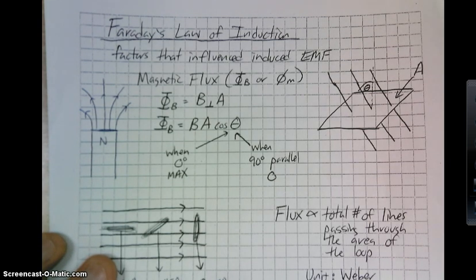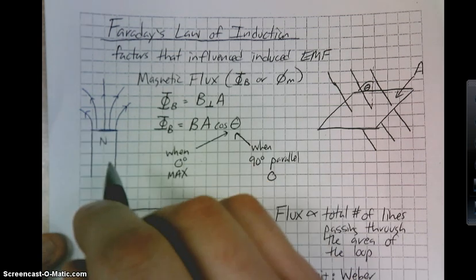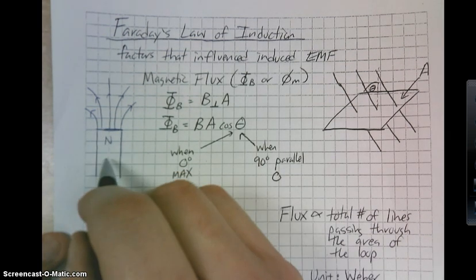It's really hard to define magnetic flux. I've heard in the past that it was called the line density. That's not necessarily exactly accurate, but I've drawn a picture here of the pole of a magnet.